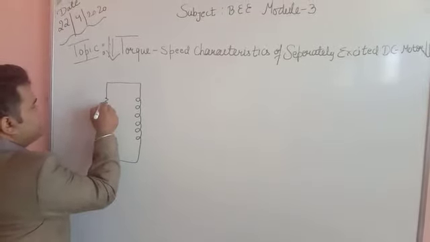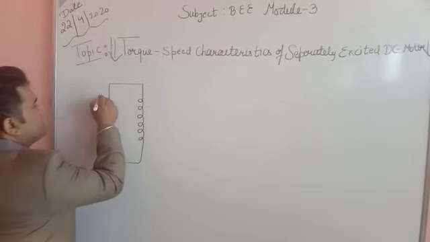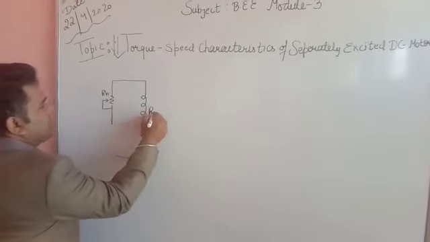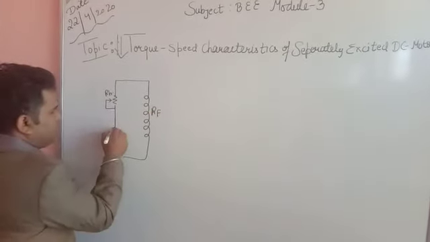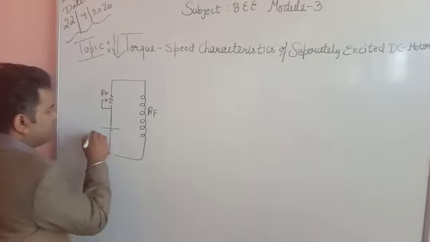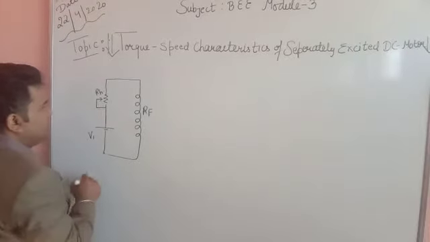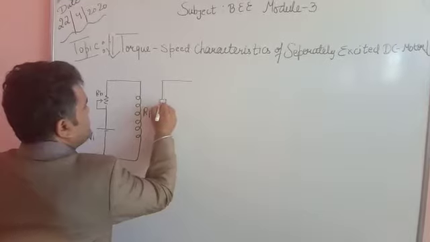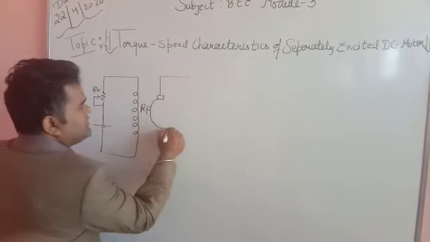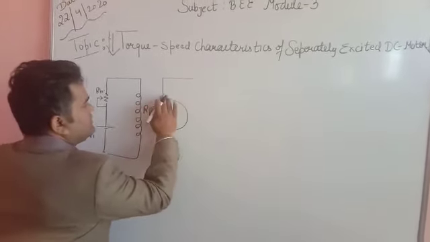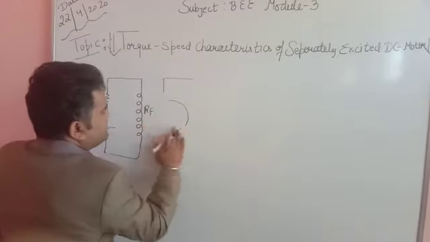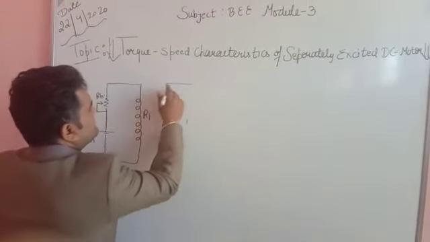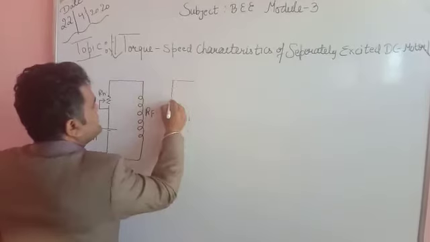This is the rheostat RH. This is RF. And here I have given the supply. There is a DC motor. From here I will start.